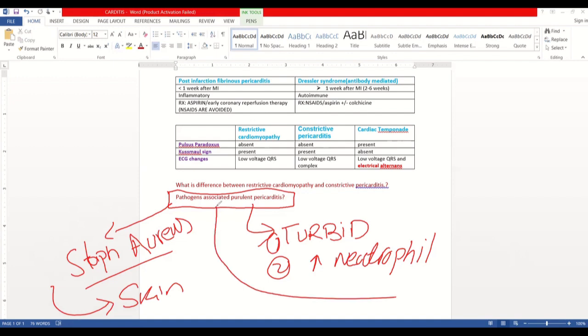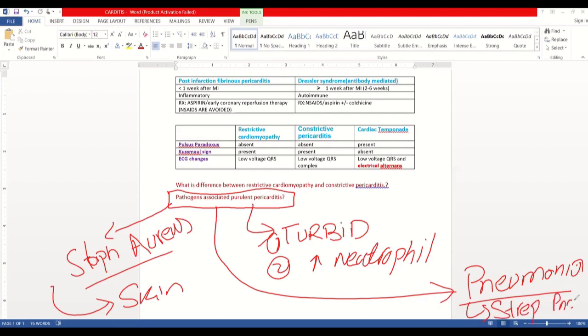It may be associated with pneumonia, and if it is due to pneumonia, which organism is it? Strep pneumo. It may also be associated with fungus, mainly Candida albicans, in immunocompromised patients.